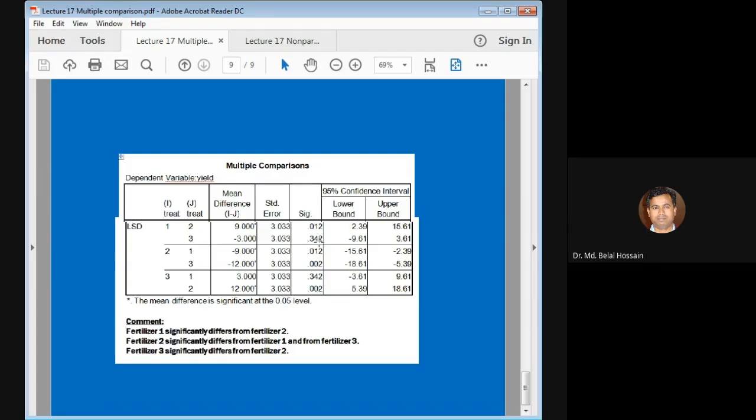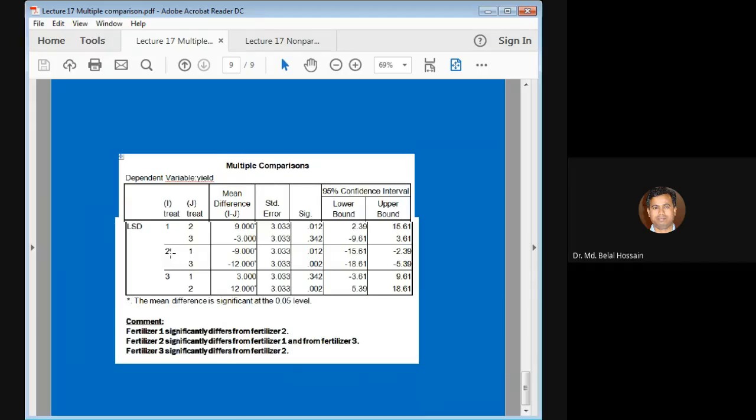So we have another pair, that is 2, 3. Okay, 2, 3 significance value is 0.002. So it is highly significant. So your null hypothesis that mu2 and mu3 are equal is rejected. That means mu2 and mu3 are significantly different.